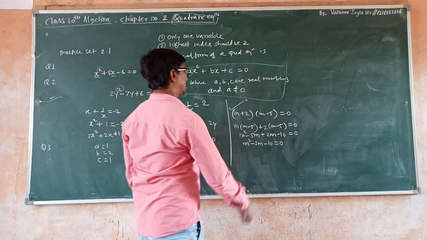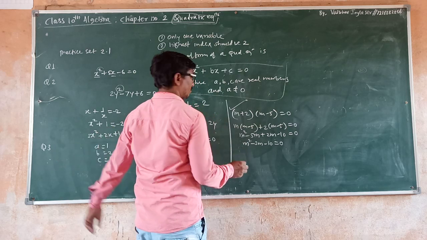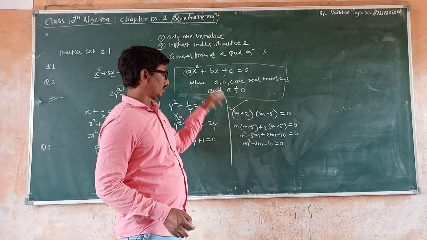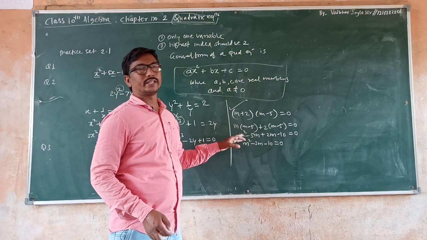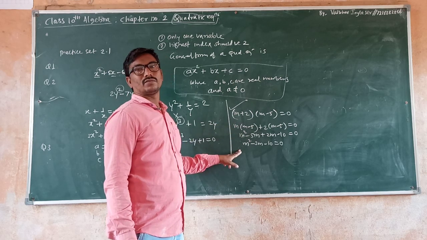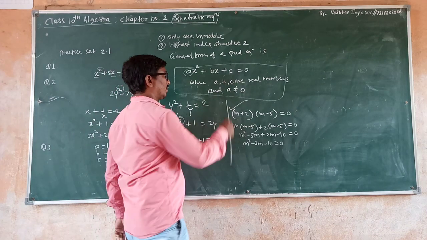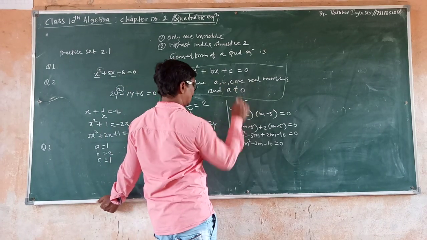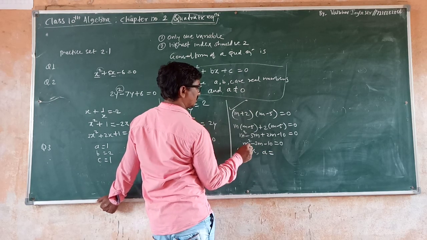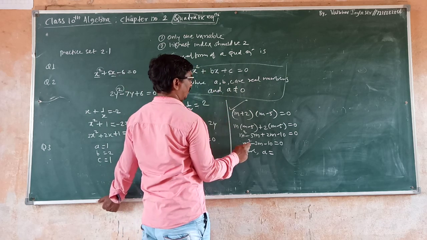Now if you go to question number 3, what was question number 3? Question number 3 was to convert the given quadratic equation into the general form of a quadratic equation. So we have converted this into the general form, and then after comparing, write the values of a, b, c. If you compare, a is the coefficient of the square term of the variable.